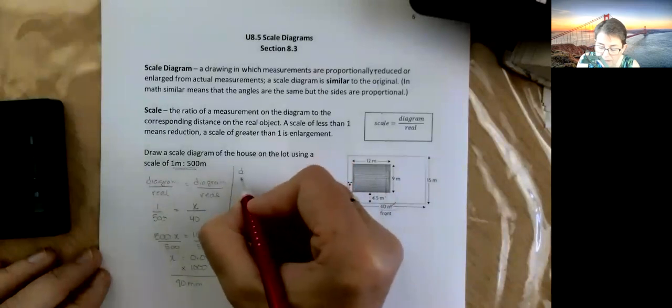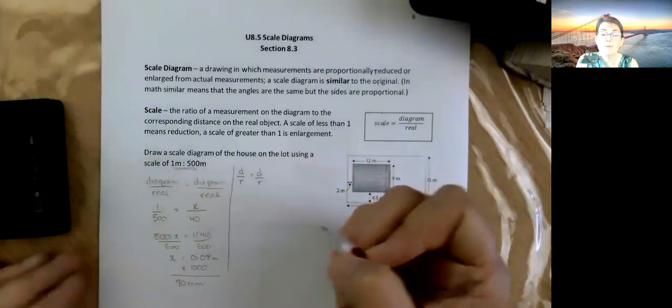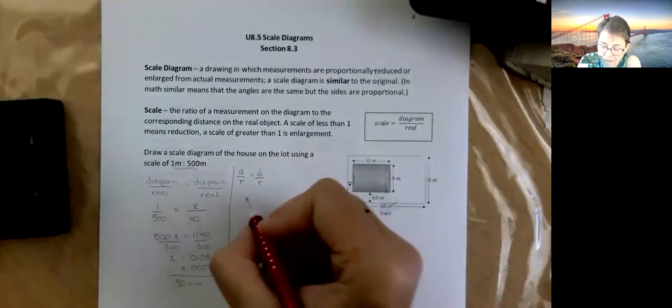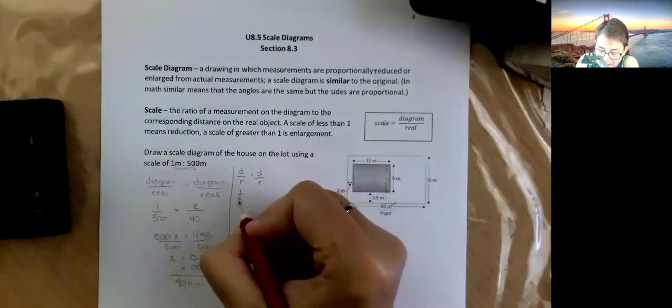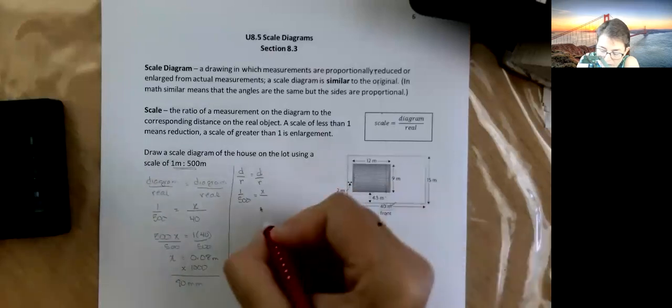Let's try another one. Let's go 4.5. So diagram over real. Remember I said I was going to do it properly the first time. So it's 1 over 500. In my diagram I don't know, but in real life it's 4.5.